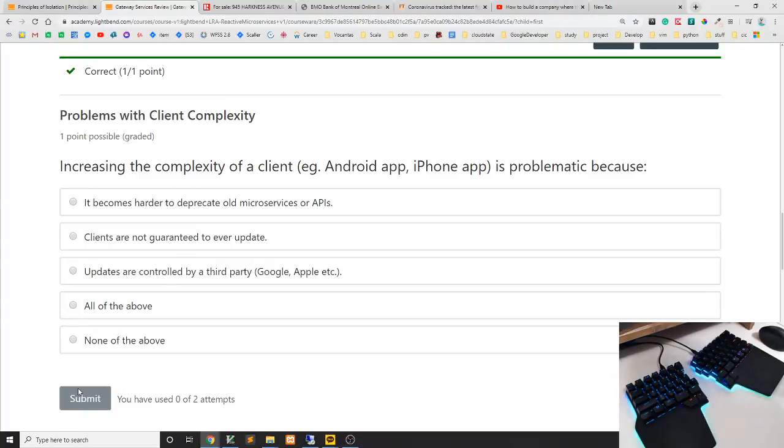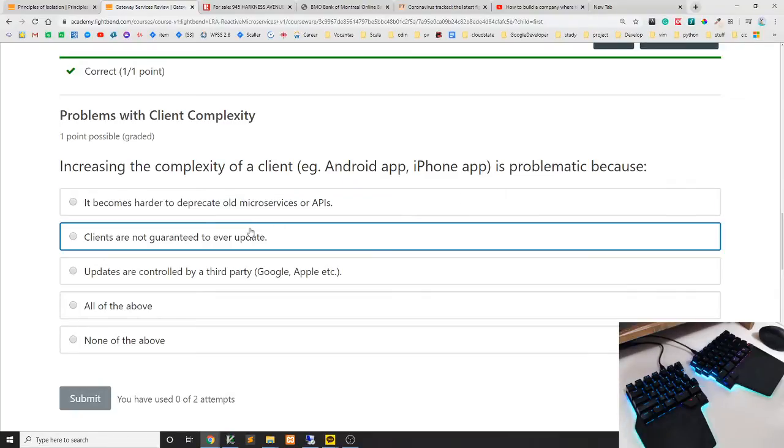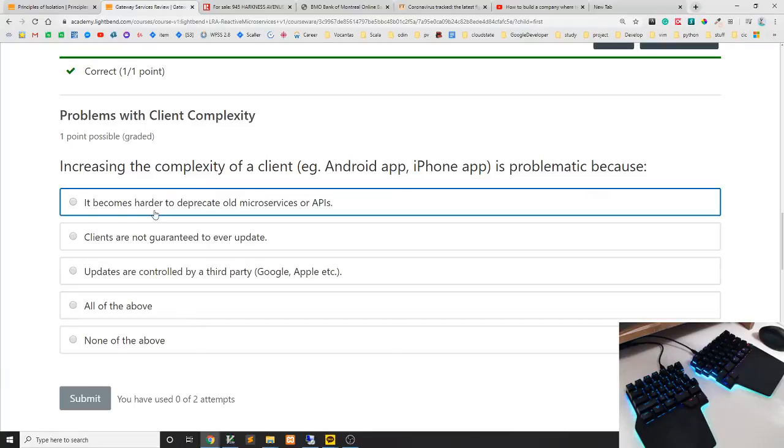Increasing the complexity of a client, Android app, iPhone app, is problematic because it becomes harder to deprecate old microservices or APIs.